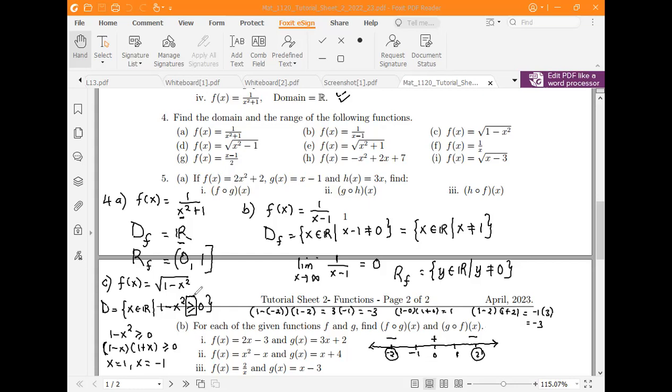So what we have now is the interval. So our domain is now going to be from -1 included all the way up to 1. Like that.